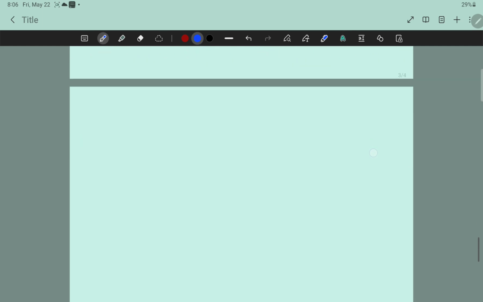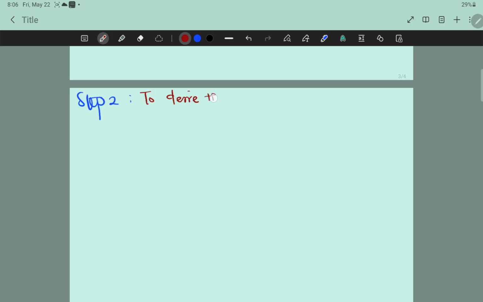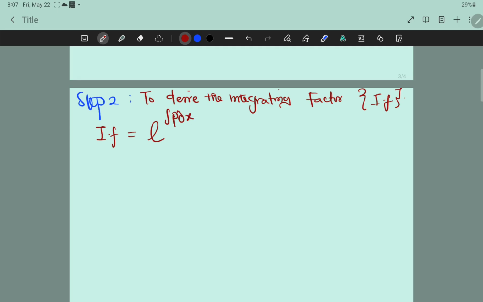Your next step, which is step 2, is to derive the integrating factor. I'll call it IF. The integrating factor is the exponential of the integral of p dx.